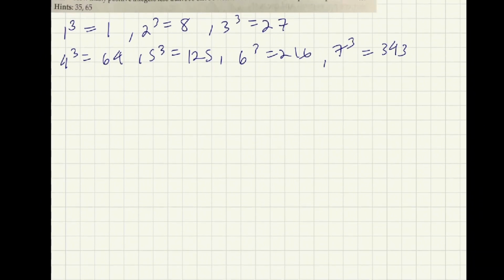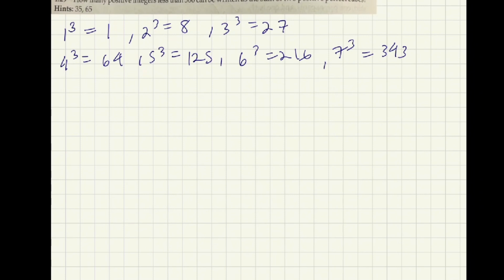Now that we have listed all the positive perfect cubes less than 500, we can realize what the problem is asking us to find. The problem essentially asks us to find n, less than 500, such that n is equal to the sum of two positive perfect cubes, a cubed plus b cubed. We also have to realize that a and b can be different or alike.